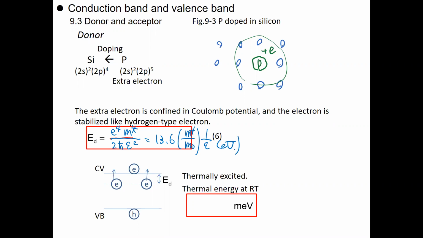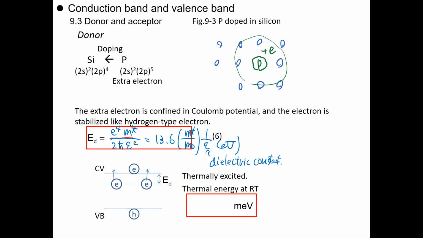Like this. And this epsilon indicates the dielectric constant of silicon, and so it's a kind of the dielectric property of the surrounding for this electron.